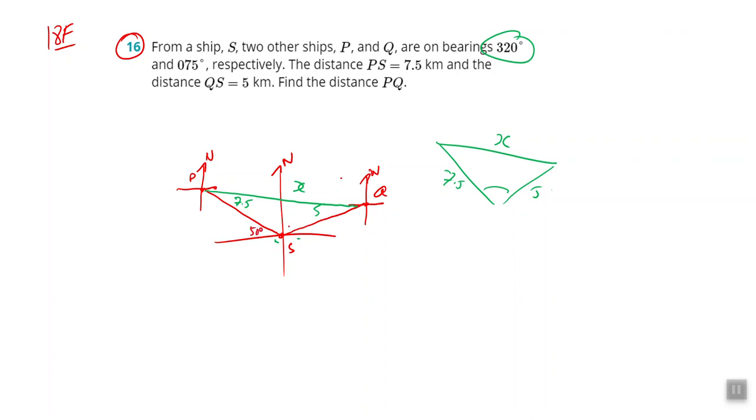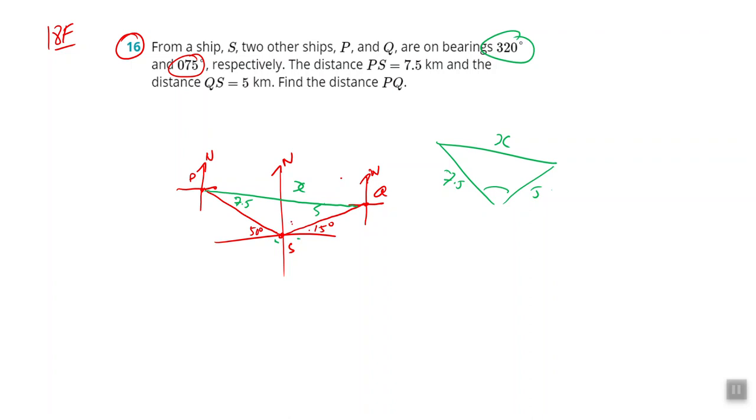Also, for the bearing of Q, I know that from north to Q, that's 75 degrees. The total here is 90, so 90 minus 75 must be 15 degrees here.